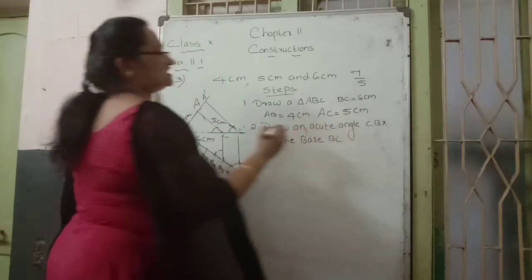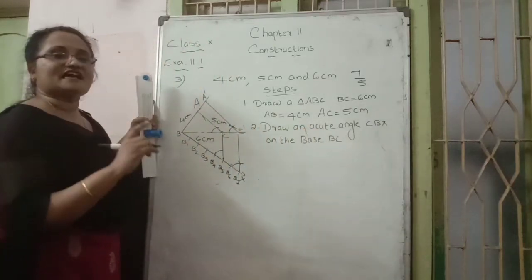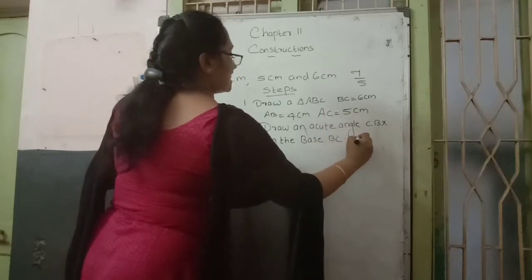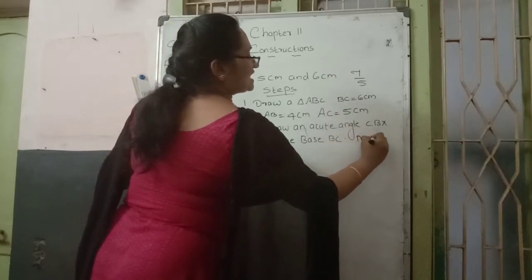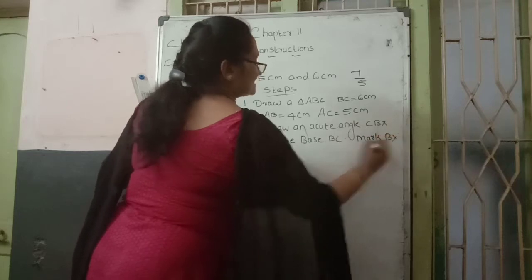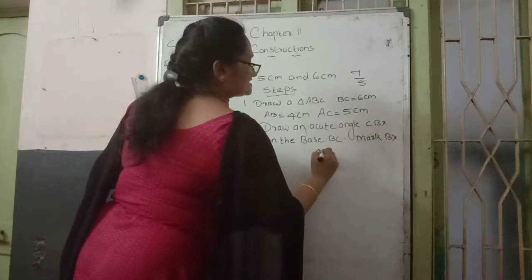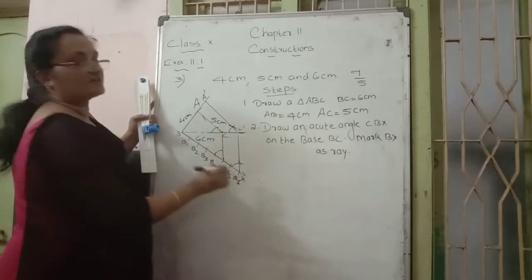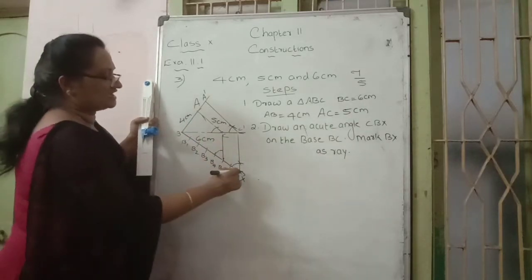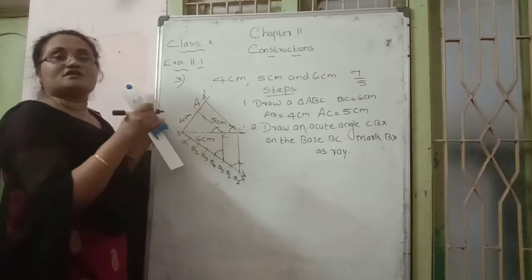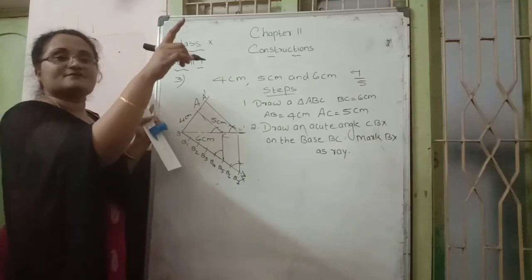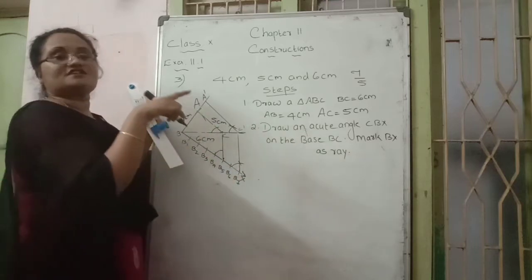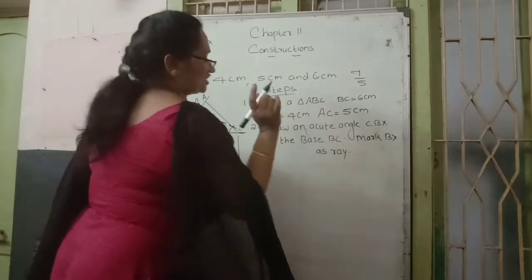On the base BC, first of all we draw an acute angle. Then afterwards mark BX as a ray. BX is our ray. A ray means one initial point, and the second side is an extending point.